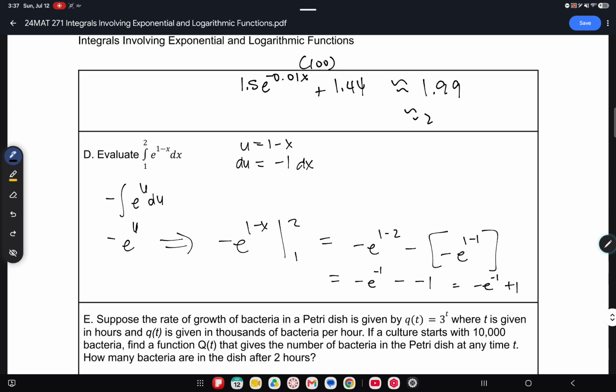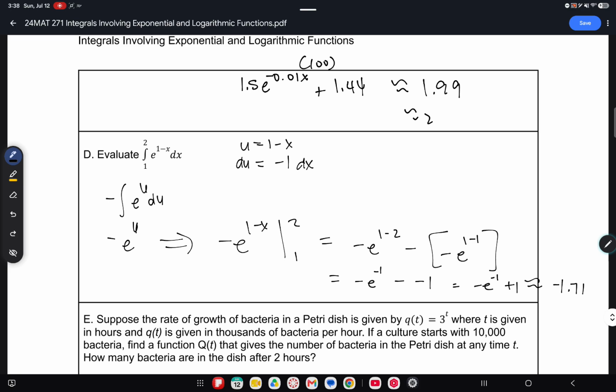Do I want that actual number? Why not? So negative e to the negative 1 plus 1 is about, I guess I should put the equal, about negative 1.71. I don't know if I typed it in right.